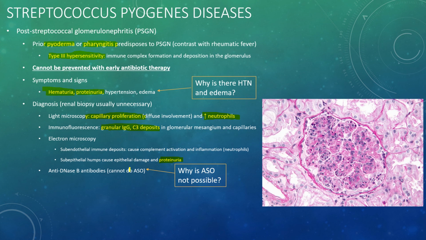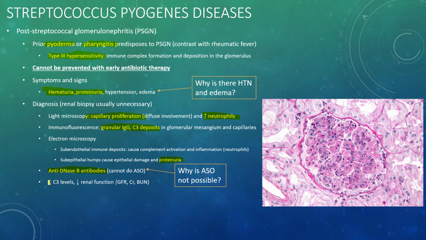Streptolysin O itself, the toxin made by Streptococcus, gets inactivated by cholesterol in the skin. So if you have inactivation of the streptolysin O, you can't make antibodies to it. So for post-strep glomerulonephritis, which can be caused by pyoderma or pharyngitis, DNase B is a better antibody to test for because this can detect both a previous pyoderma or a previous pharyngitis, while ASO cannot detect a previous pyoderma.